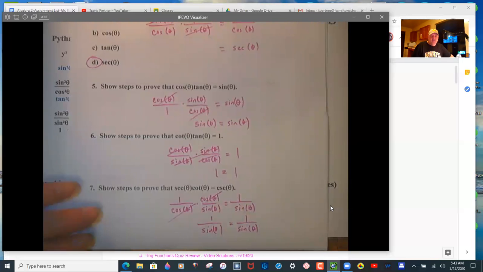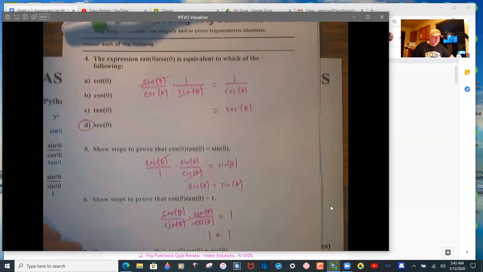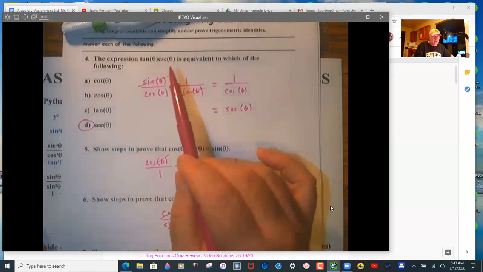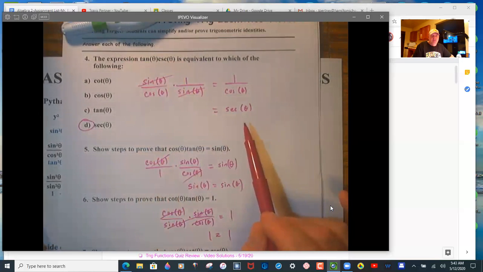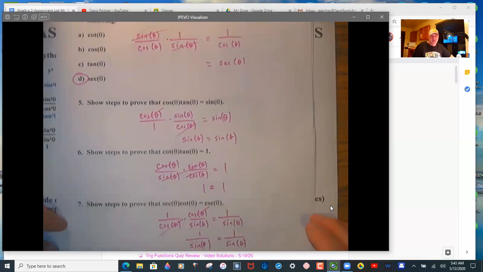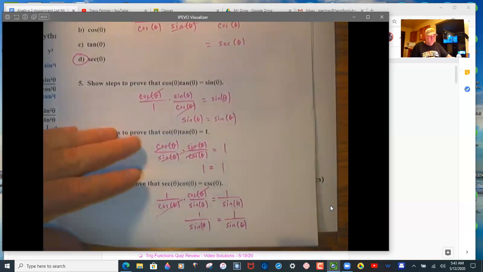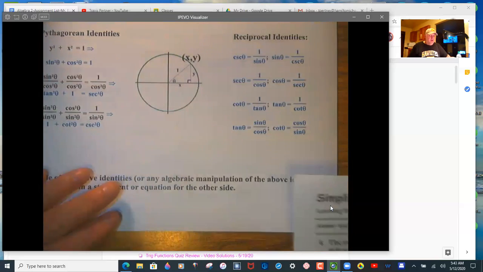So long as you can get them equal to each other through canceling terms and algebraic manipulation, you will be good to go. So up here, you see that we just turned one expression into eventually secant. So it's pretty simple. You just keep working with it. This topic of trig identities can get very complex. We're going to stick to just simple identities as far as your quiz goes.